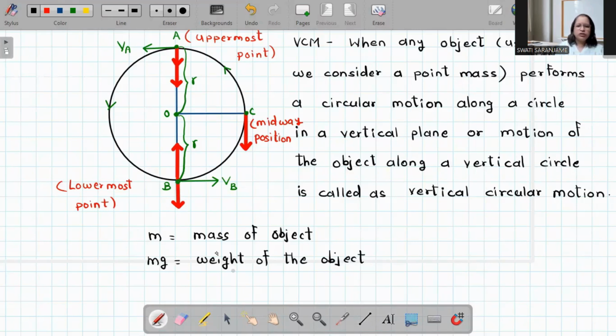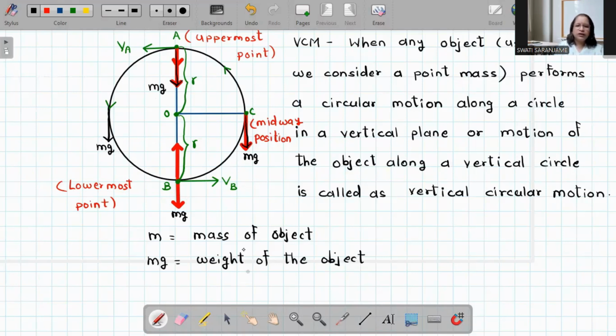So at position B, which is the lowermost position, this arrow represents the weight mg. Here, at the uppermost position, this arrow represents the weight mg. And if we consider a midway position, this is the arrow which represents the weight of the object. So at any position where the object is located, its weight always acts in vertically downward direction.